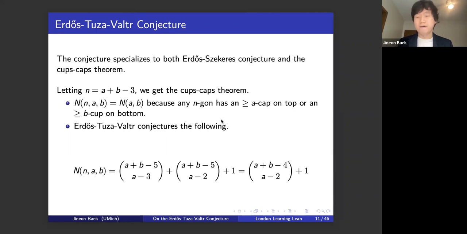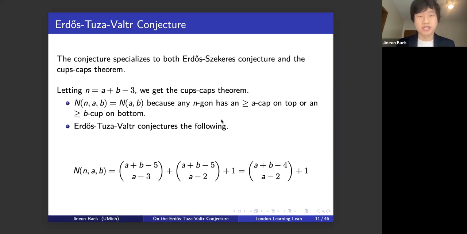So if you run the arithmetic on it, it gives us one of them. With this, the value conjectured by Erdős-Tuza-Valtr matches the one given by the cups-caps theorem.